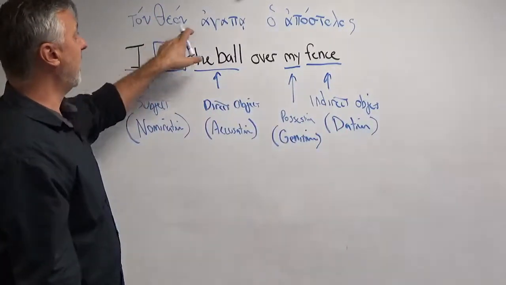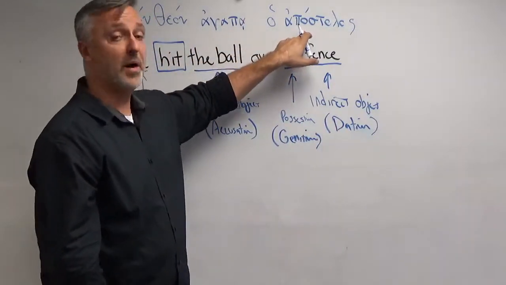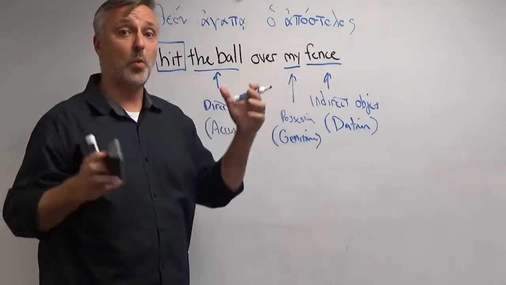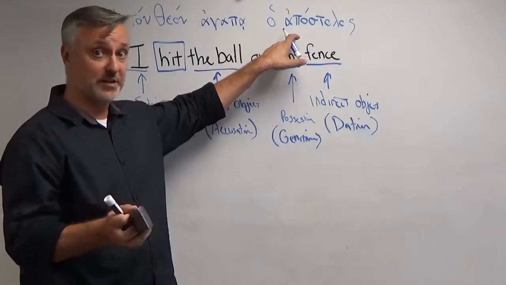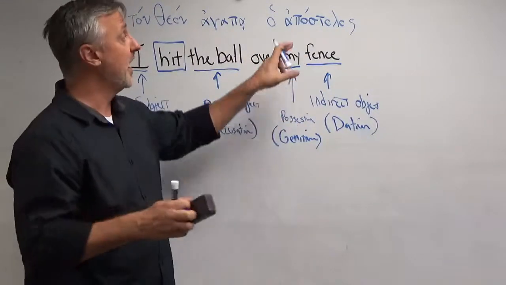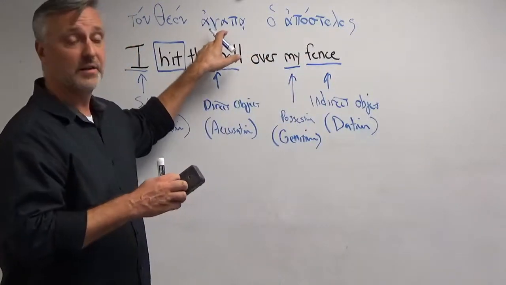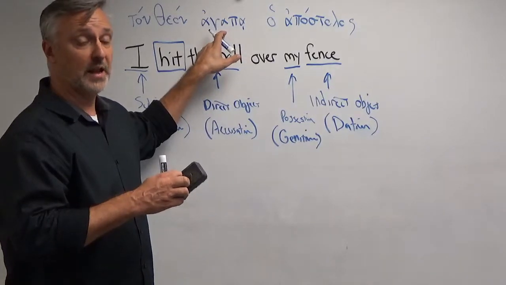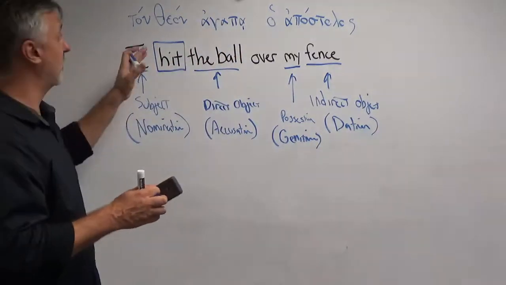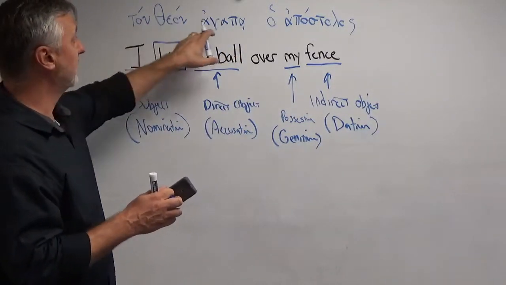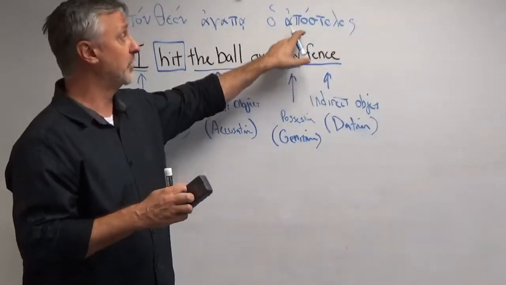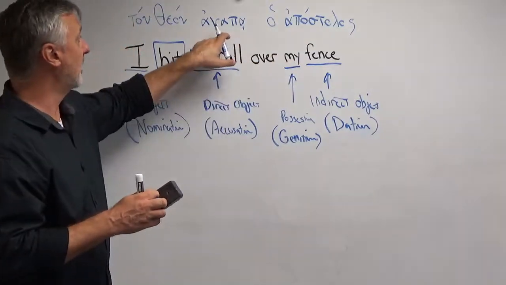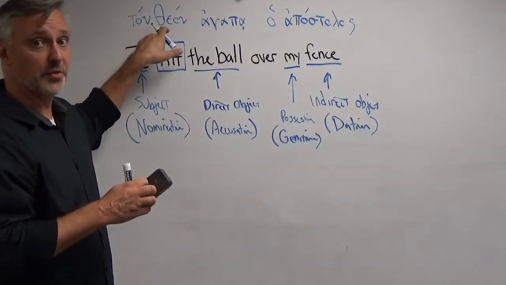You've got ton theon agapa ho apostolos. The way we would translate this is you always take whatever is in the nominative as the subject, and we put it before the verb. So even though the word order is "God loves the apostle," we would put the nominative first: the apostle loves God, ton theon.